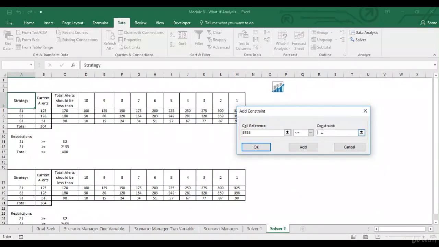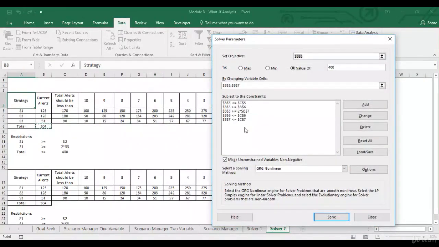This should be less than or equal to 180, add. This should be less than 90, add. Then this should be greater than or equal to this, add, and this should be greater than or equal to 2 times this. Click on OK. So now I've got these constraints added.